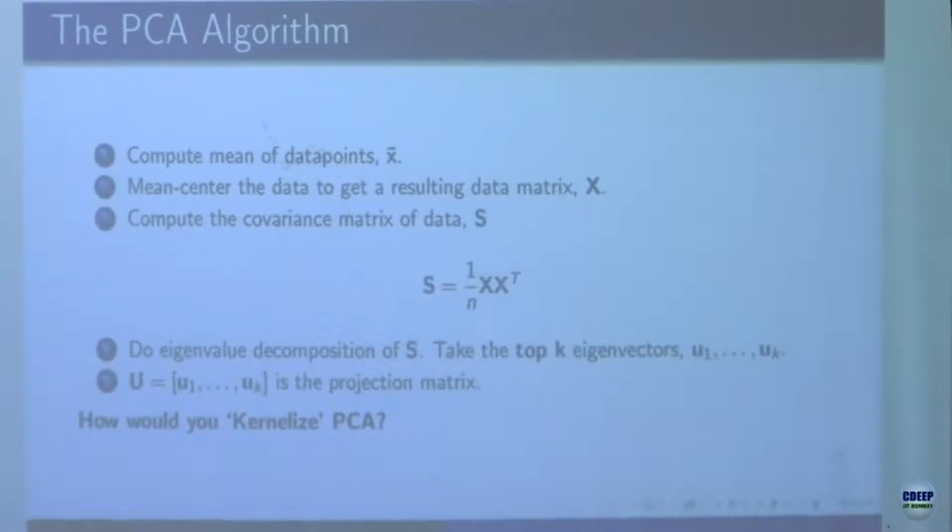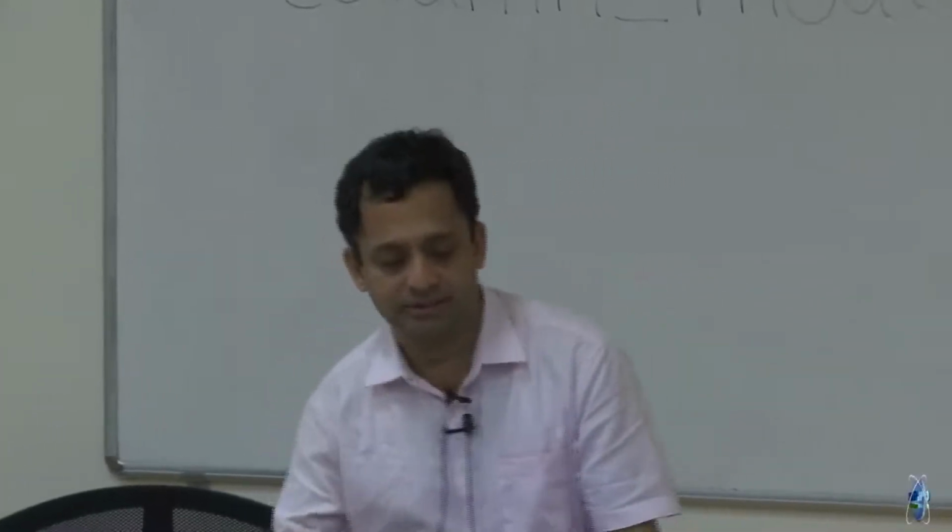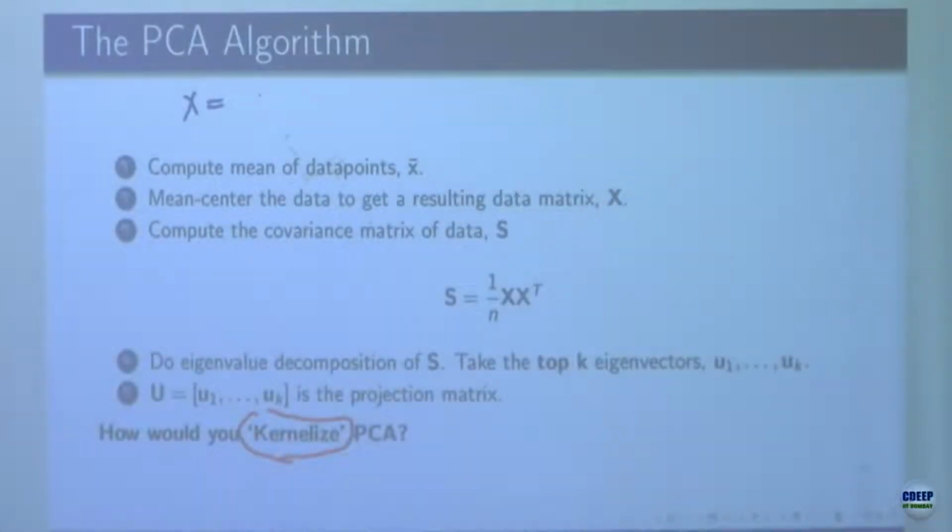Okay. Before we talk about kernel PCA and its slight non-triviality, we have to realize the relationship between the data matrix X and its decomposition. So all of you are familiar with singular value decomposition.